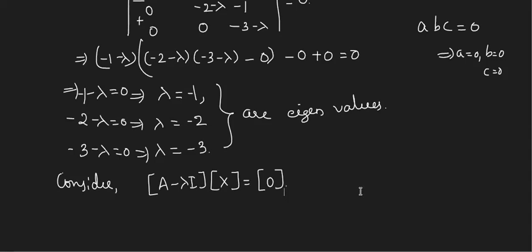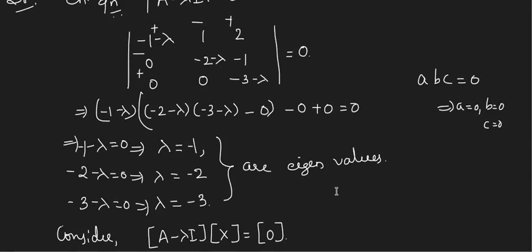I'll try to write directly. A minus λI means you have to take like this. Can anybody tell me how I have to write my X? XYZ, because it is of order 3.